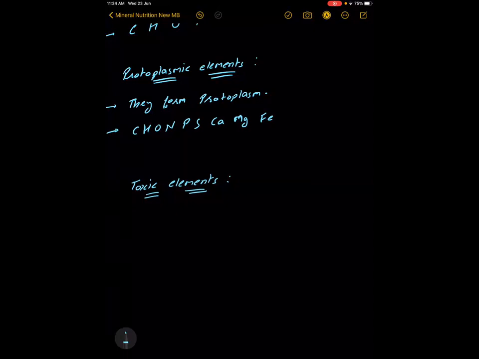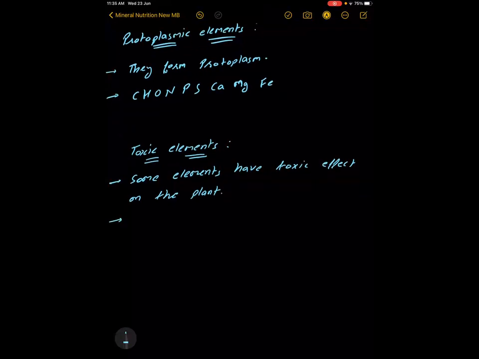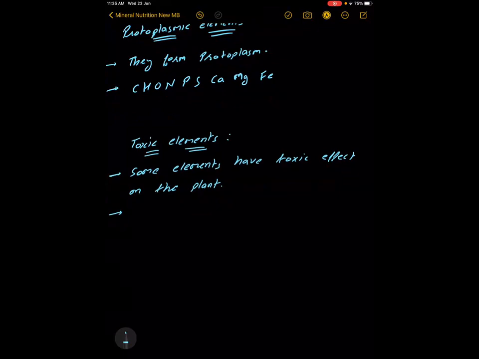So some elements have a toxic effect. What is toxic effect?